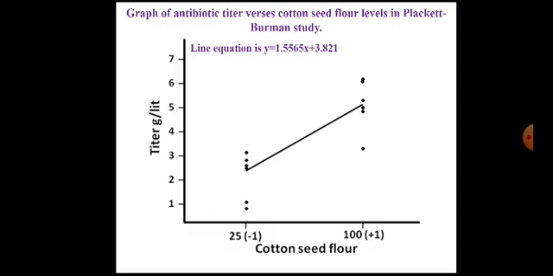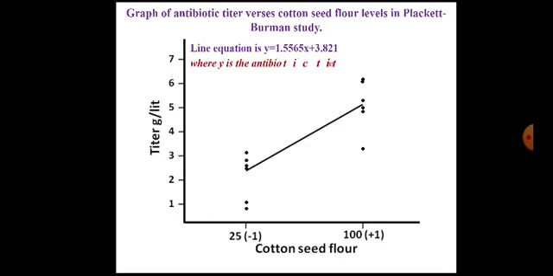In this case, y is antibiotic titer. m is the slope of the line, which is 1.5565 x plus 3.821, which is the intercept.